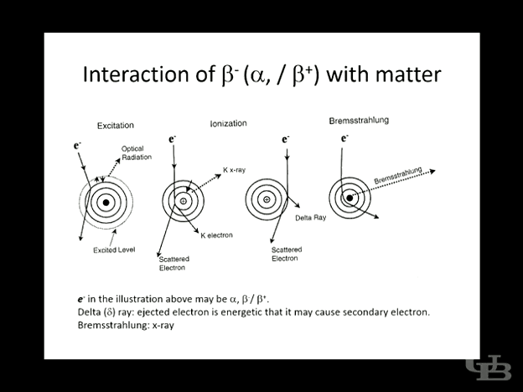The ejected electron leaves a vacancy behind on that orbit. Later on, if this vacancy is filled with an outer or higher level electron, then X-rays will be released.